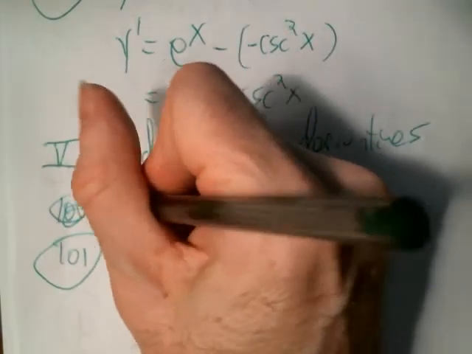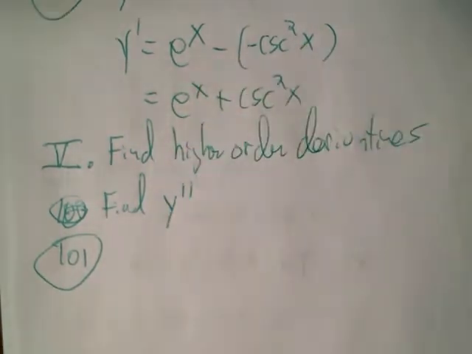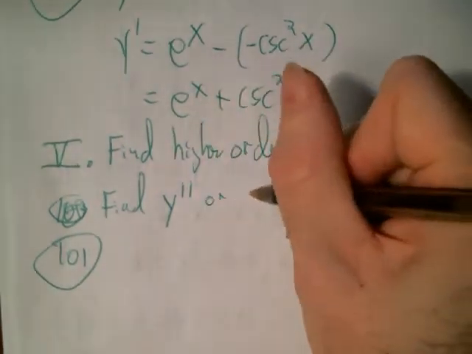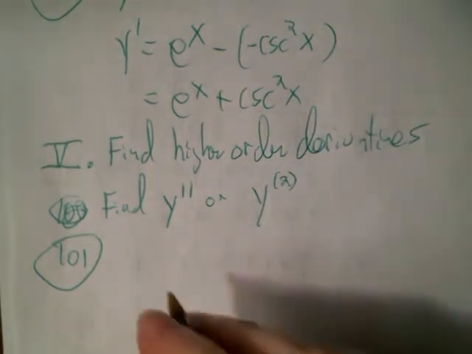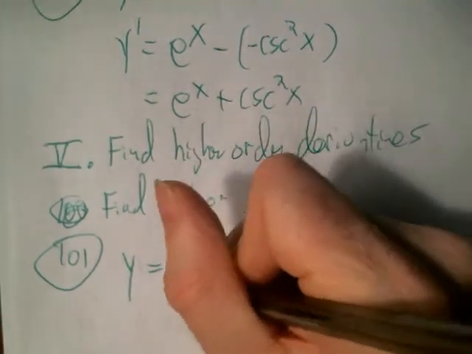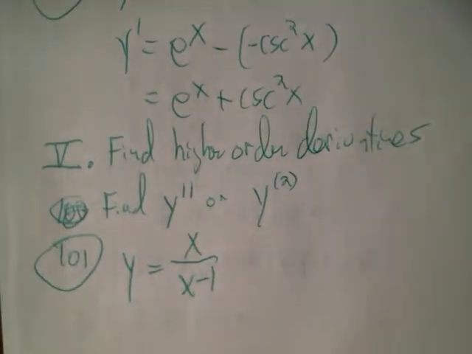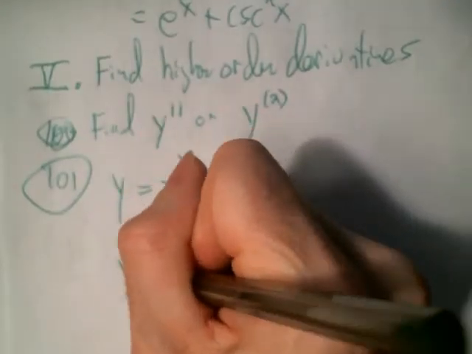We want to find the second derivative, and one way we can notate that is y double prime, or y2, like that. So anyways, 101, y equals x all over x minus 1. So I can do quotient rule for my first derivative.